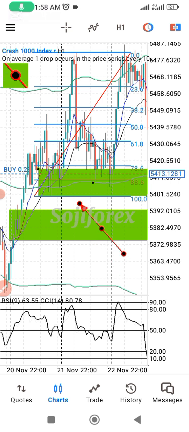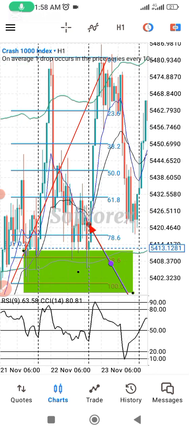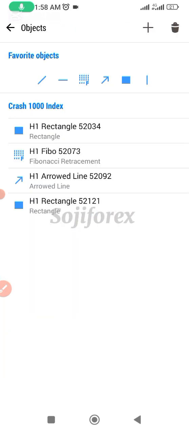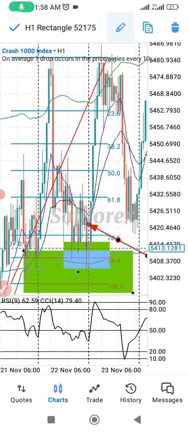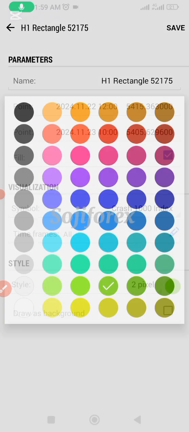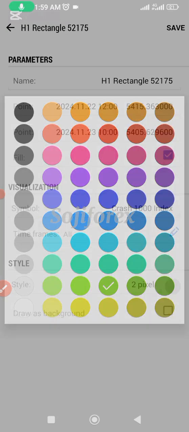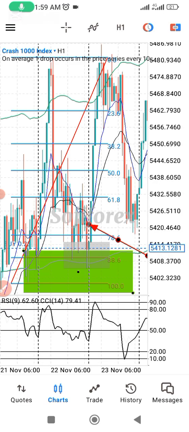So you can see the retracement. Price retraces back to almost 88.6 of my Fibonacci. Immediately the price returned to this zone. Now let me highlight, this is the zone, and then we'll go to a lower time frame where I will be making my entry.